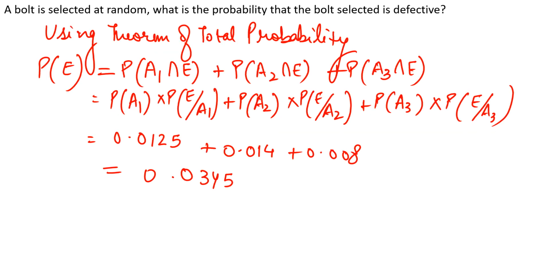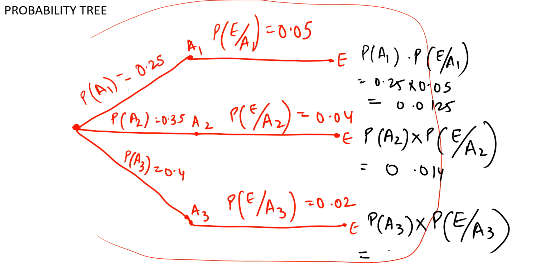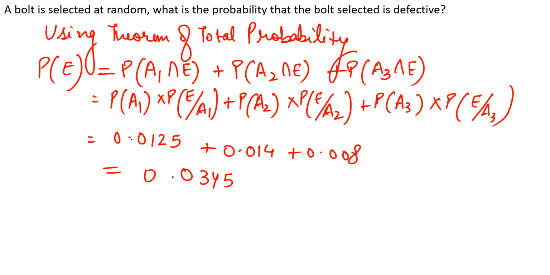This we have already calculated over here. So I am simply copying down the values now. This is 0.014. Now this is the probability of event A3 into the probability of event E given A3 has already occurred, and this we know is already 0.008, right? Now let's add all the three values together. So the sum of these three values will be 0.0345. We have already found this over here.